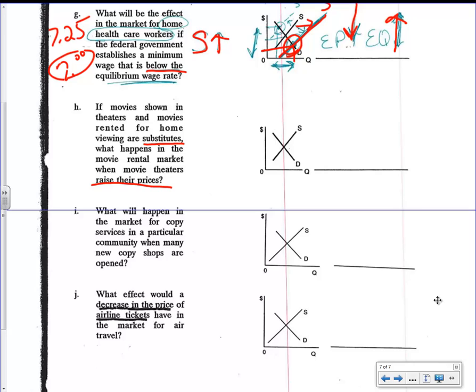Well, if they raise their prices, then that means the demand for home videos is going to go up. So we're going to shift that to the right. And here's our new equilibrium. Here was the old equilibrium. Here's the new equilibrium. So price went up. Equilibrium quantity also goes up.